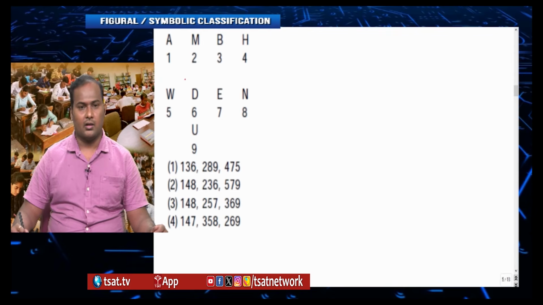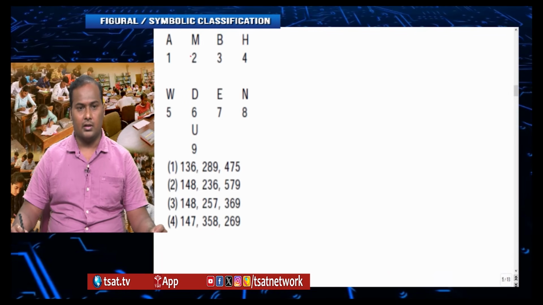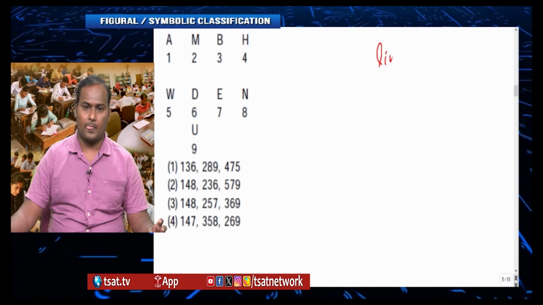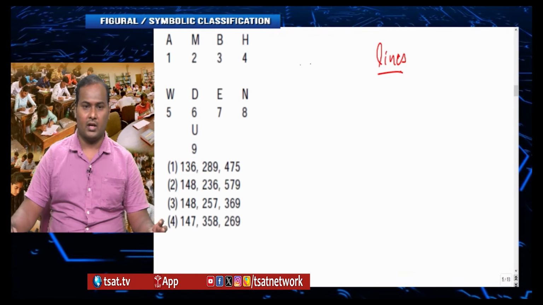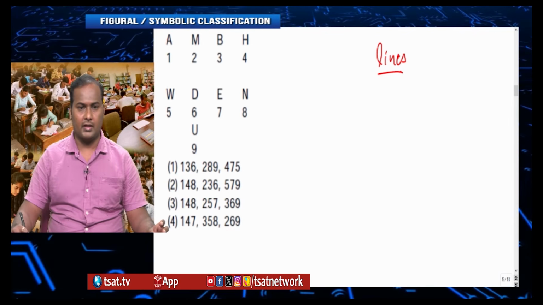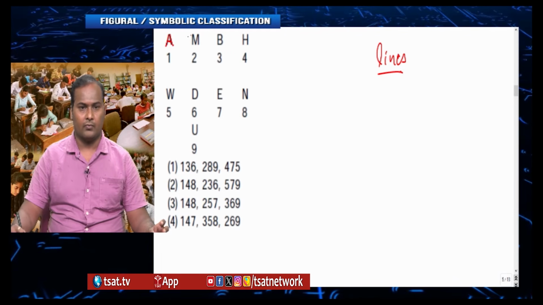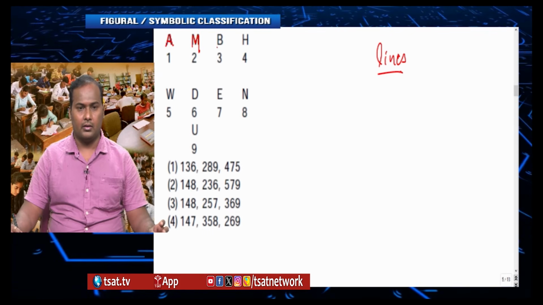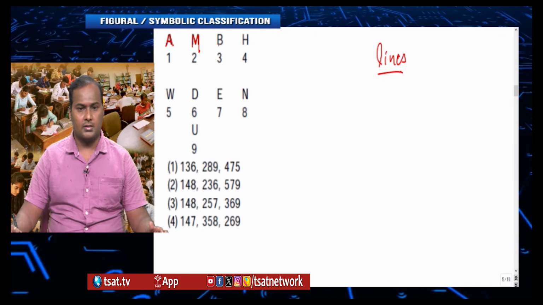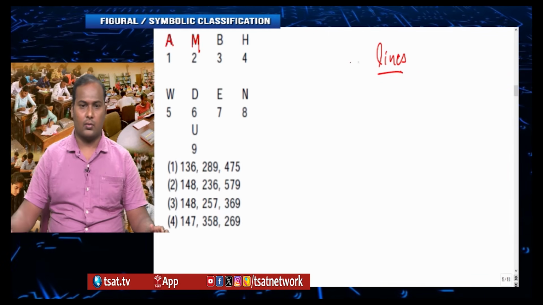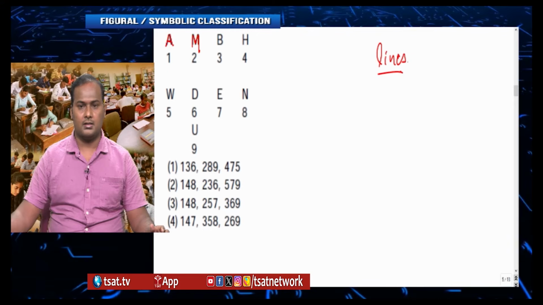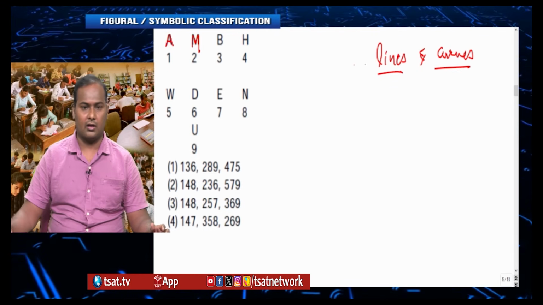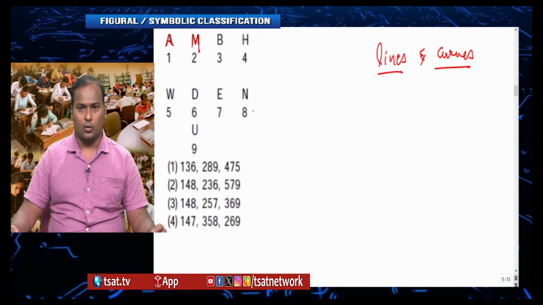But what I can see here, in these letters, there are 2 things. One is lines, and the second is, if you see B, because A has 3 lines, whereas M has 4 lines. But in B there are not only lines, there are extra curves. So the character is lines and curves, and based upon the characters of lines and curves, this question is grouped.